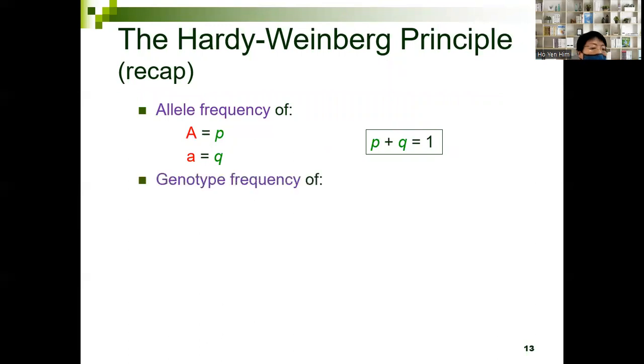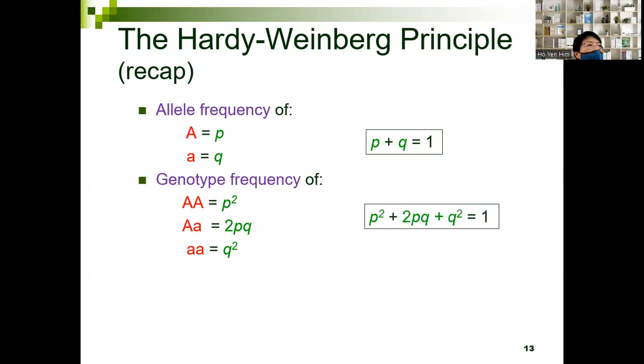Then for genotype frequency, the frequency of big A big A is P square. Frequency of big A small a is 2PQ. Frequency of small a small a is Q square. And P square plus 2PQ plus Q square equals 1. Correct? Okay. So phenotype frequency.